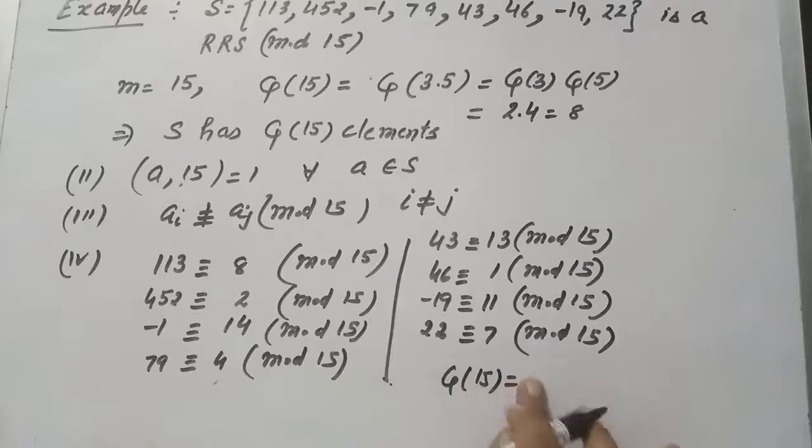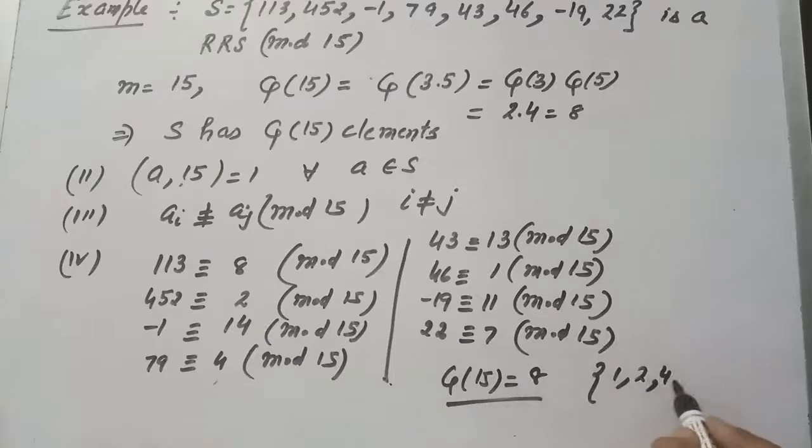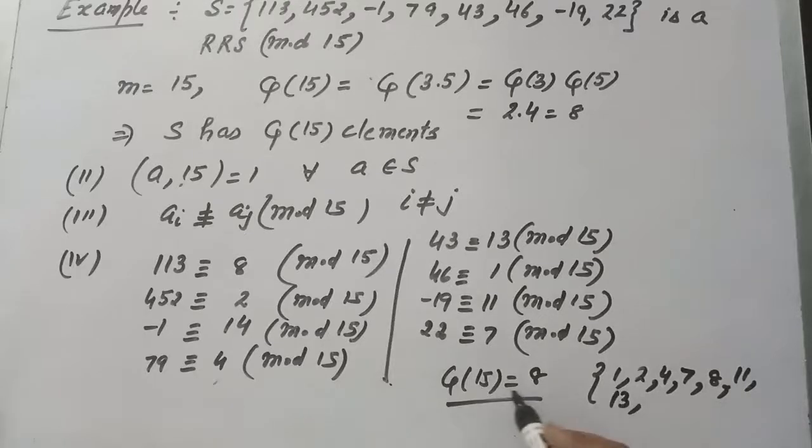So phi of 15 is 8, but what are these elements? 1, 2, 4, 7, 8, and 9 and 15 do not have GCD 1, 10 and 15 do not have GCD 1, 11 and 15 have GCD 1, 12 and 15 do not have GCD 1, 13 and 15 have GCD 1, and 14 and 15 have GCD 1.